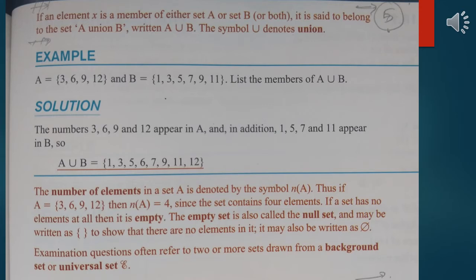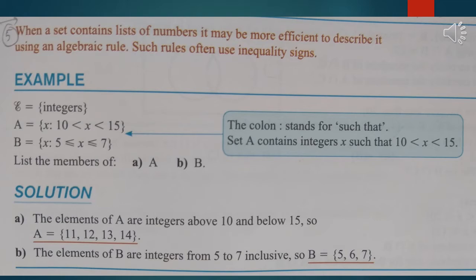Examination questions often refer to two or more sets drawn from a background or universal set, where the symbol is a curly E. When a set contains lists of numbers, it may be more efficient to describe it using an algebraic rule.